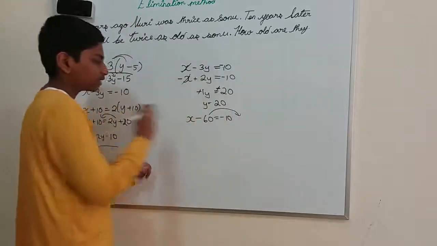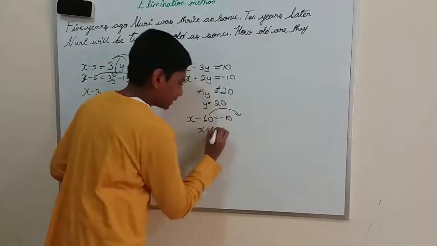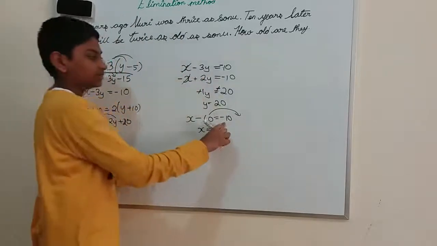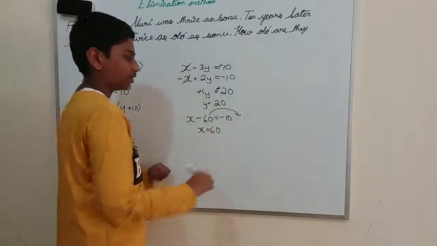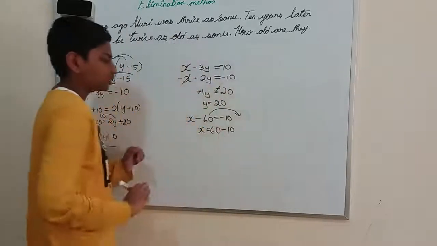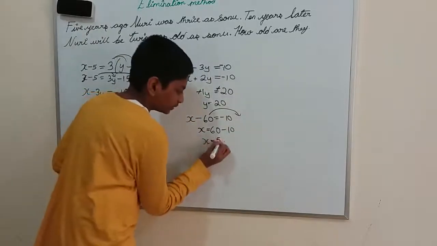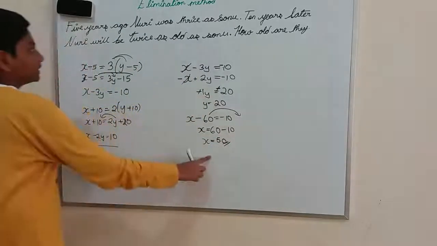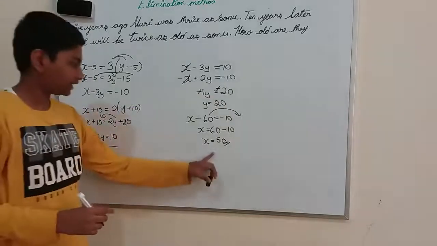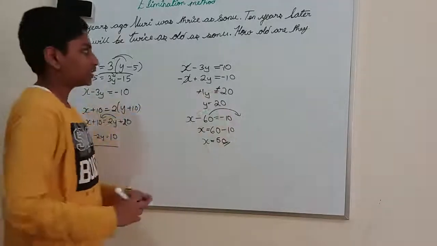X will be equal to 60 minus 10. So x is equal to 50. Now we got Nuri's age as 50 and Sonu's age as 20. So now we got both their ages.